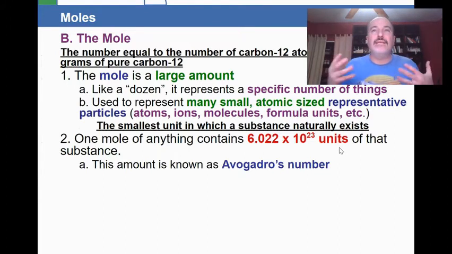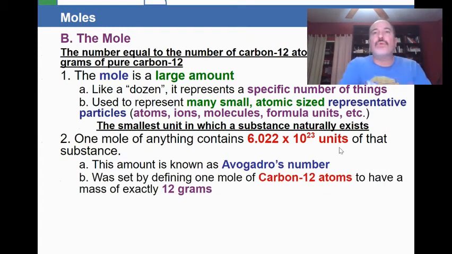You see, it is the conversion that we use to go from the realm of AMUs, of U's, all right, sometimes they're called AMUs, to things that are measured in grams. So whatever the atom or molecule weighs individually in U's, that's what a mole of them is going to weigh in grams.